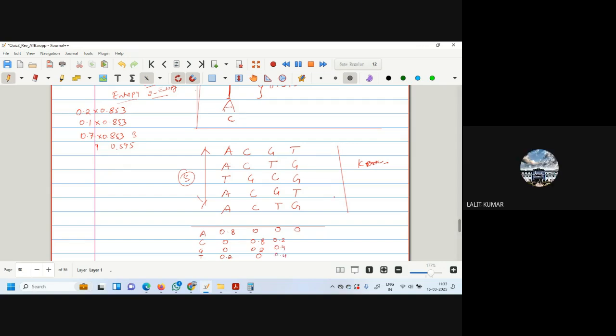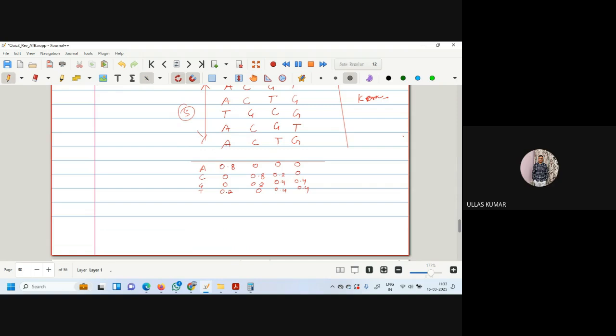This is 0, this is 0, this is 0.4, this is 0.4. So now what you have to do, I think this, it's 0.6. G is 0.6. So you have made the profile. G is 0.6. T is 0.4 only. So you have built this profile.